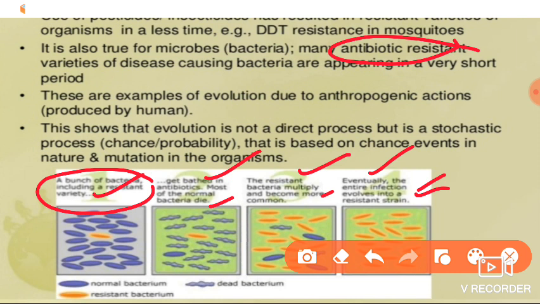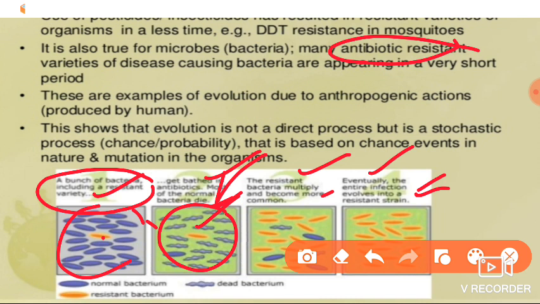Here they gave one antibiotic resistant bacterium, and these are all normal bacteria. When antibiotics are added to that particular colony, all these normal bacteria die, and only the antibiotic resistant bacteria survive in the middle.